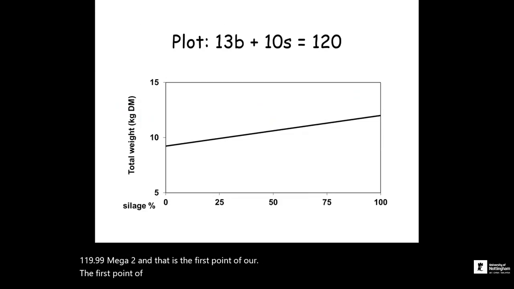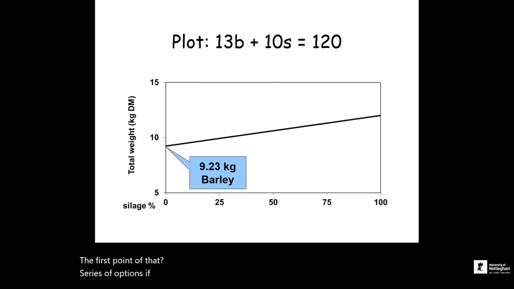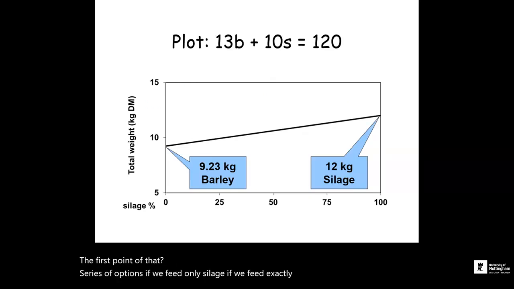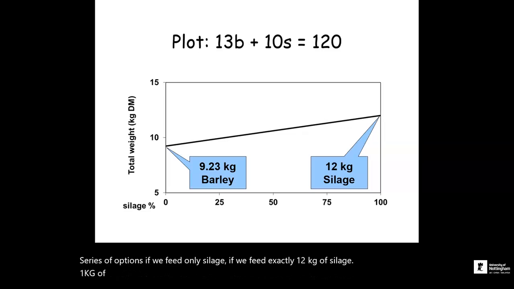And that is the first point of that series of options. If we feed only silage, if we feed exactly 12 kg of silage, silage has how many megajoule of energy? 10.